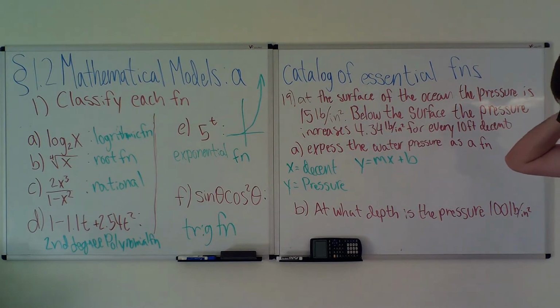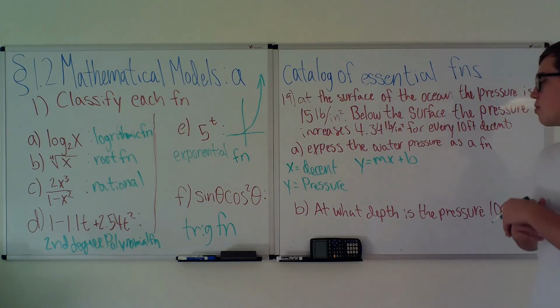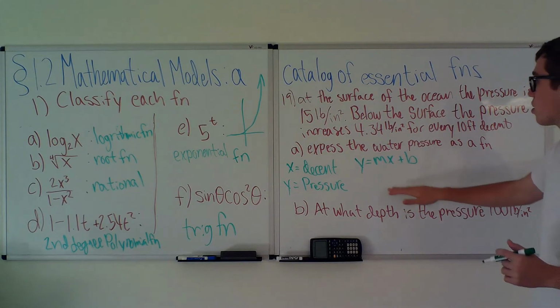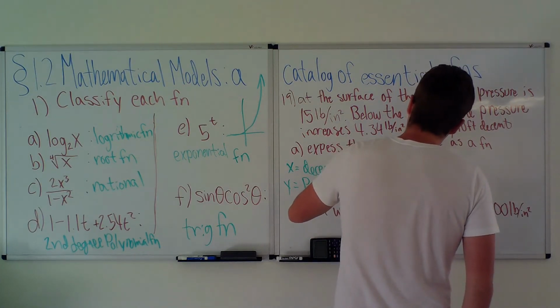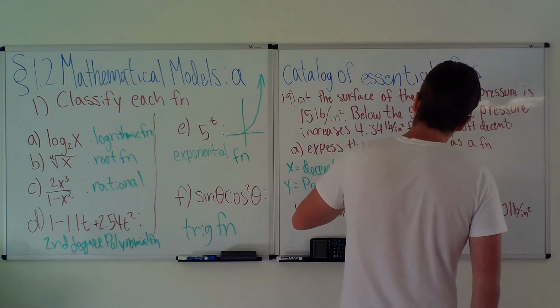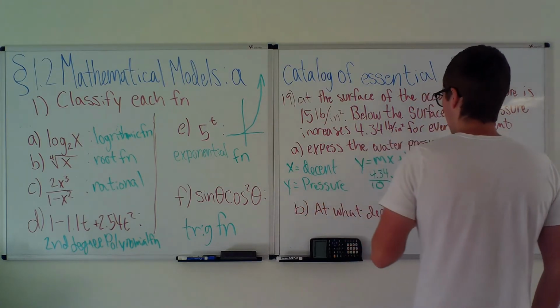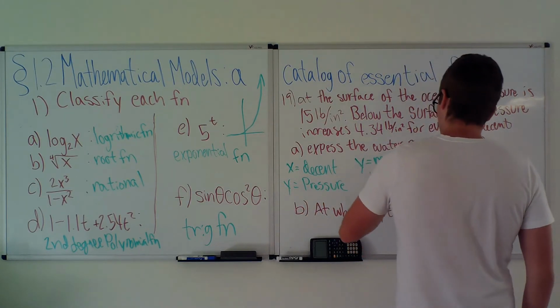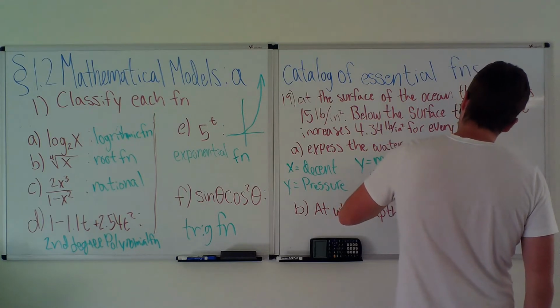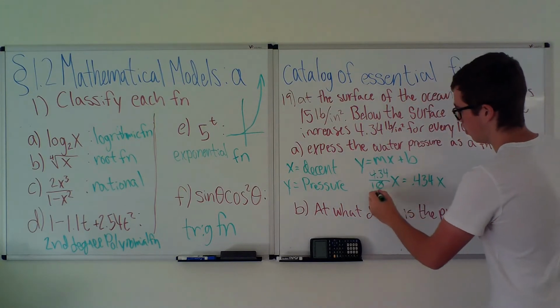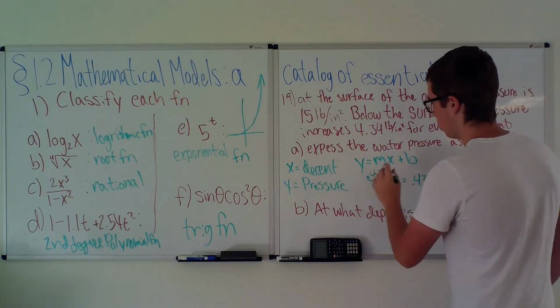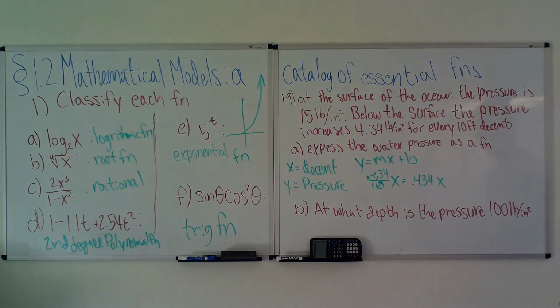So our run is 10 feet and our rise is 4.34. So the slope is 4.34 over 10x, and that can be rewritten as 0.434x, because you can just get rid of the 1 and move the decimal over 1.